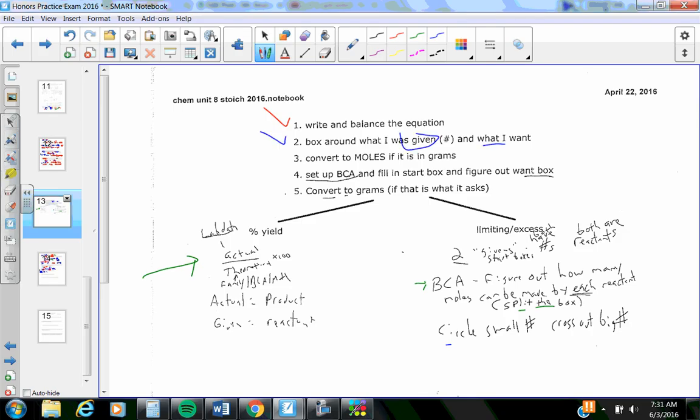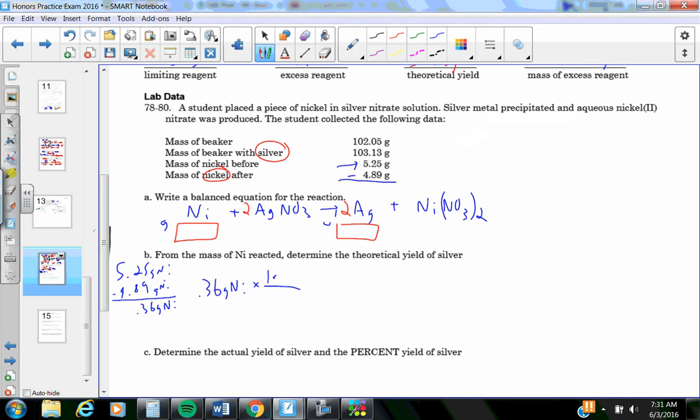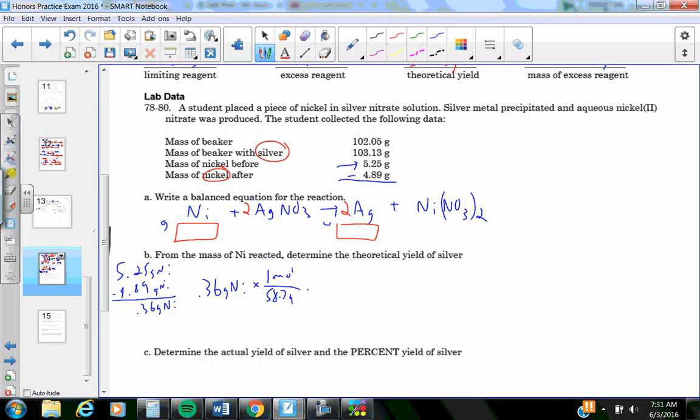I'm at the step where I'm trying to convert it to moles. Got to go look at the periodic table. Nickel weighs 58.7 grams per mole. 1 mole is 58.7 grams. 0.36 divided by 58.7 equals 0.006 moles.